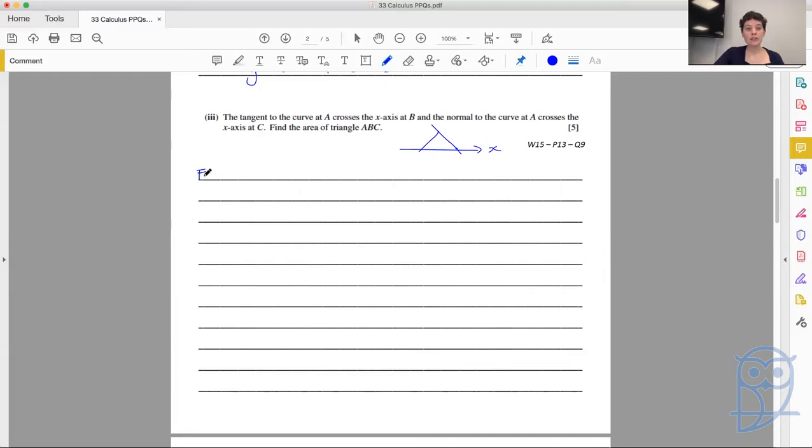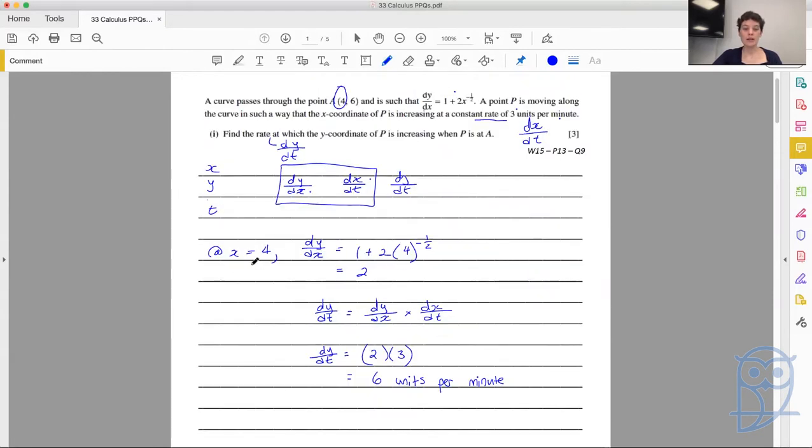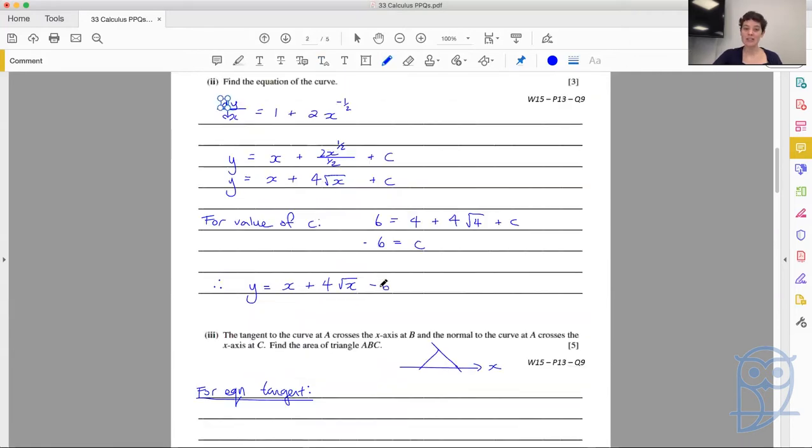So for the equation of a tangent, we never want to be over-calculating. Remember, the point A is the same one we worked with at the beginning. So if we go back here, we did the gradient at A. When x equals 4 at the point A, the gradient of the curve is 2. So therefore, the gradient of the tangent is also 2.